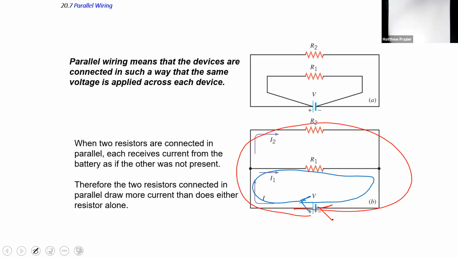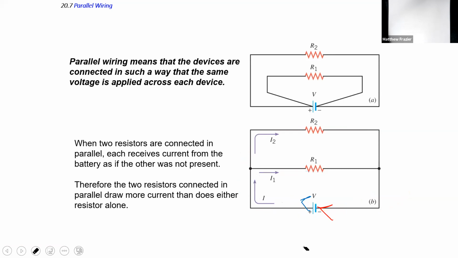And so what we find in parallel wiring, things share a common voltage. All right. Let me erase this drawing here. All of this is one conductor with one potential.